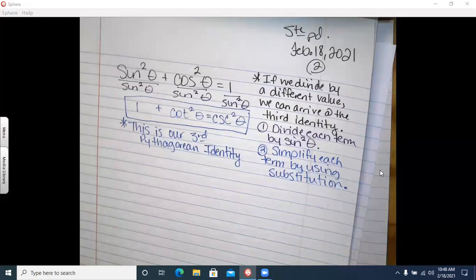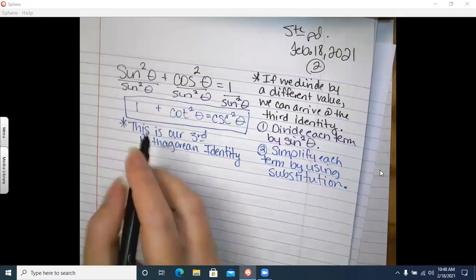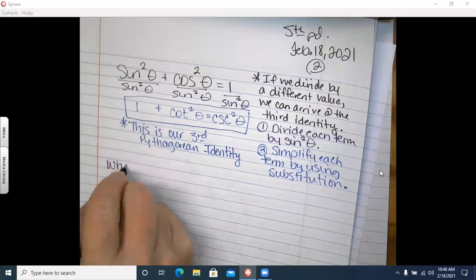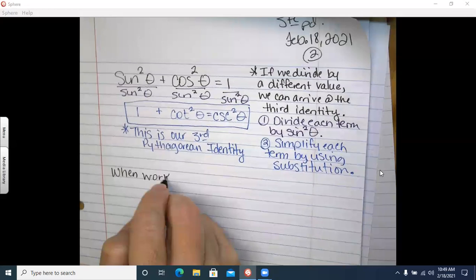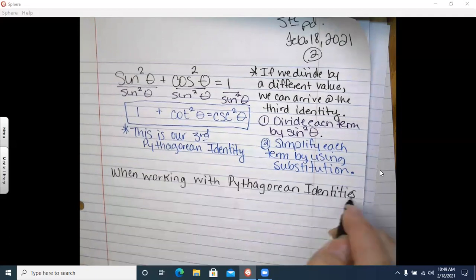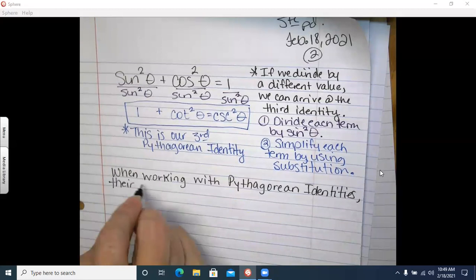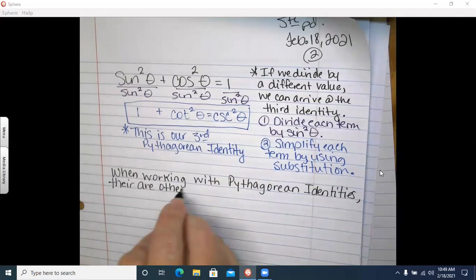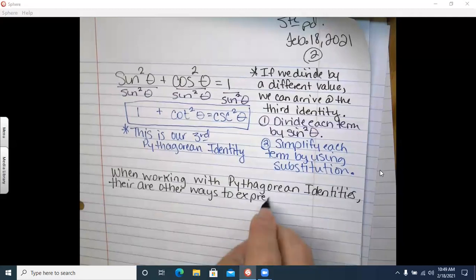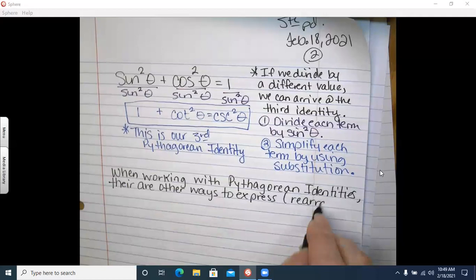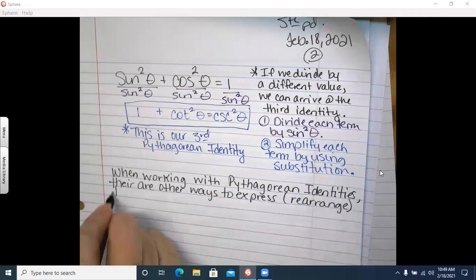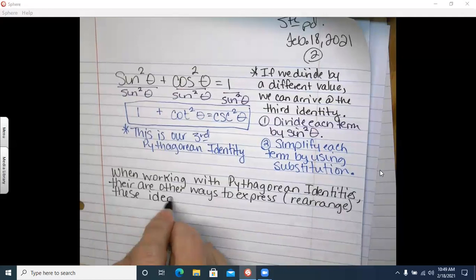So I'm going to say, when working with Pythagorean identities, there are other ways to express, by that I mean like rearrange, these identities that might be useful.